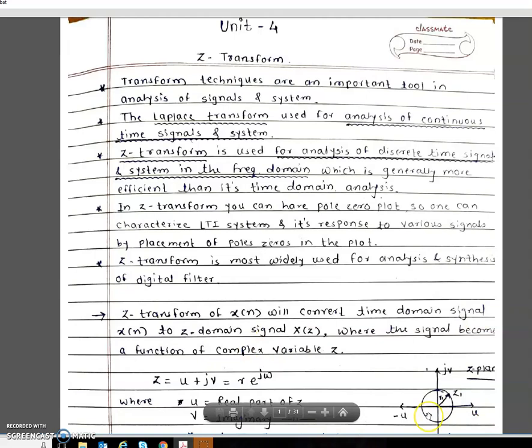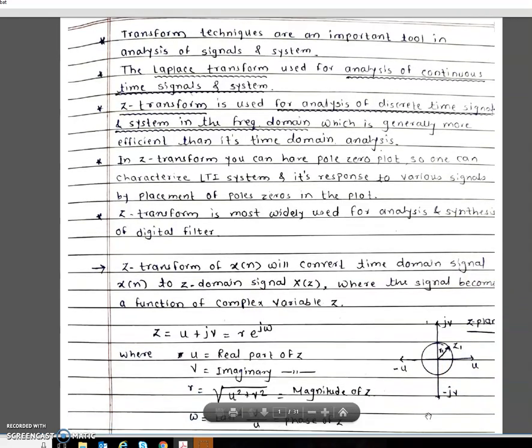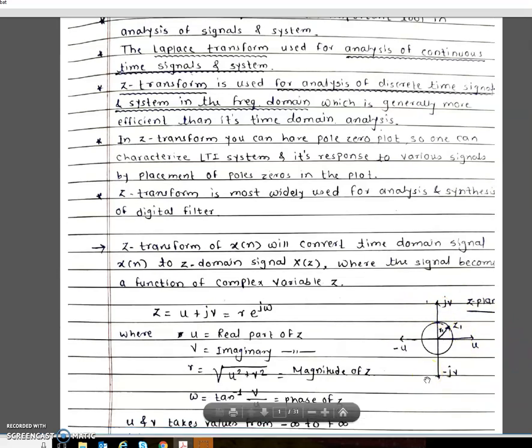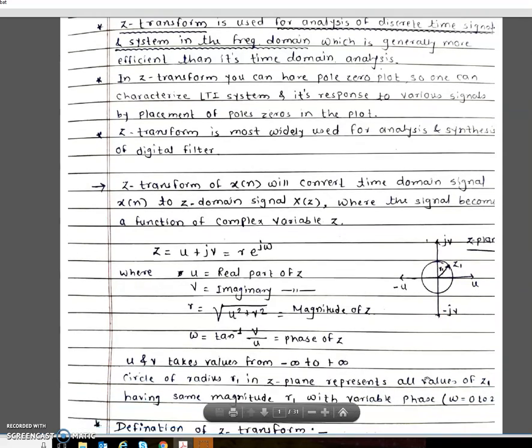A complex variable has the value u plus jv, where u is the real part and v the imaginary part. It is denoted by r e raised to power j omega, where r defines the radius of the circle represented over here. This is the total z plane, and you have a real part and an imaginary part. The values of real and imaginary parts may vary from minus infinity to plus infinity.